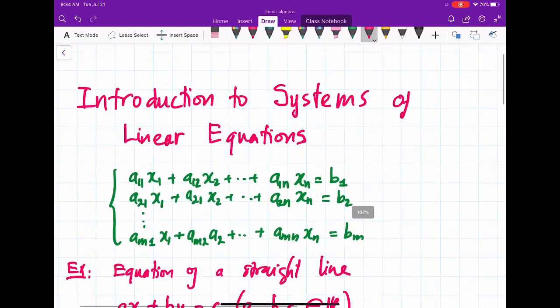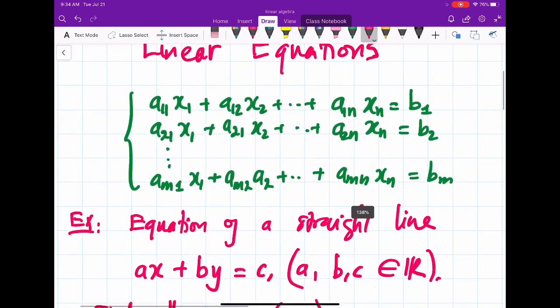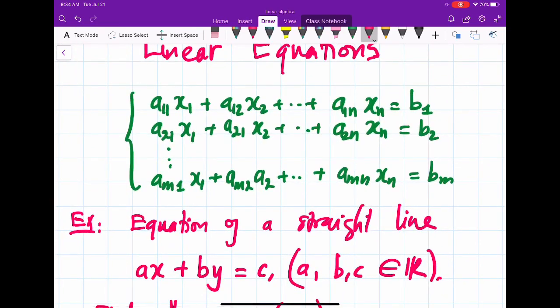This is the general form of a system. So suppose that you have n variables in here: x1, xn, and a11, a12, a1n are coefficients, and b1, b2, and bm are real numbers.